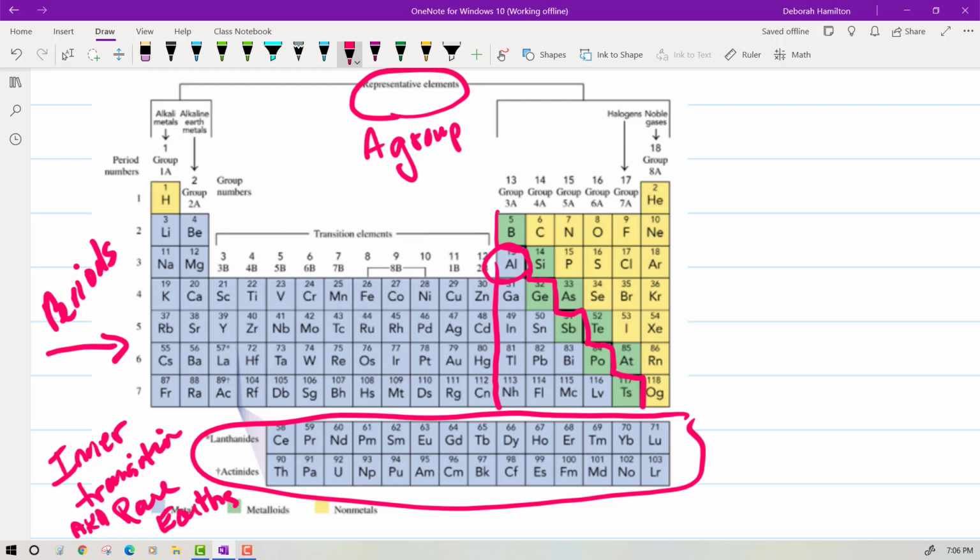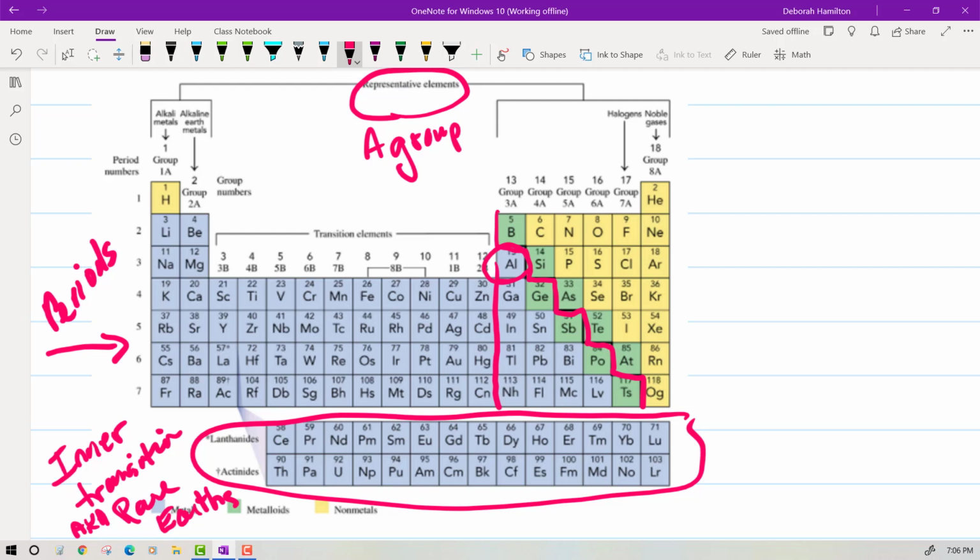And I guess Og, I can't pronounce this one, is still considered a noble gas. So it hasn't achieved the metalloid property, and it probably doesn't exist but for a few seconds anyway. Enough seconds for it to be able to be classified as an element, however. All right, so the halogens are in group 7A, and then noble gases are over here on the right in column 8A or 18.